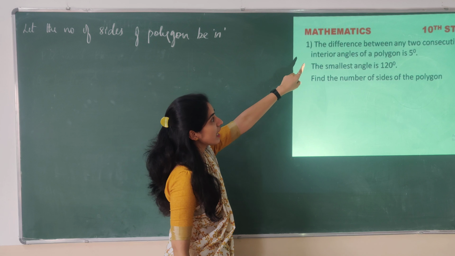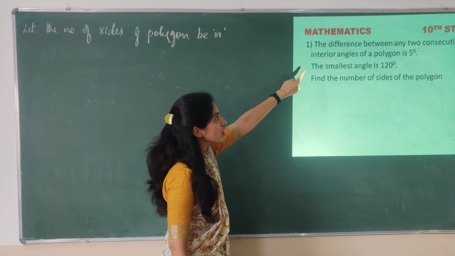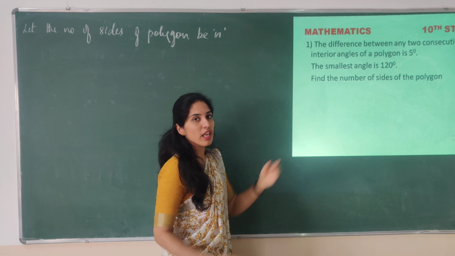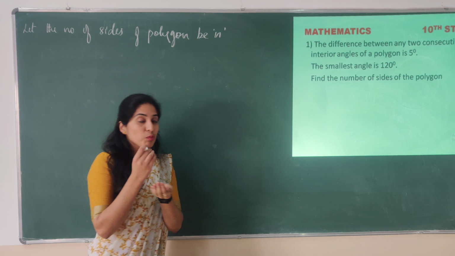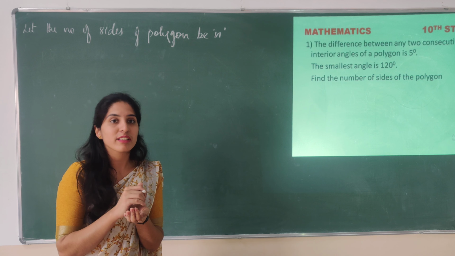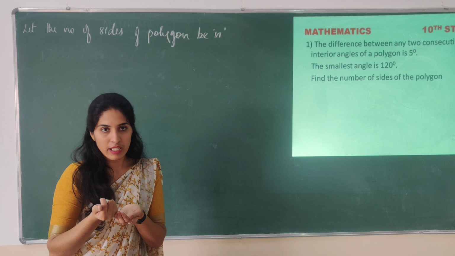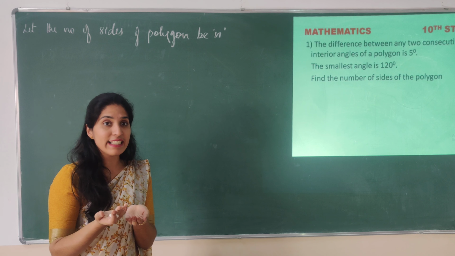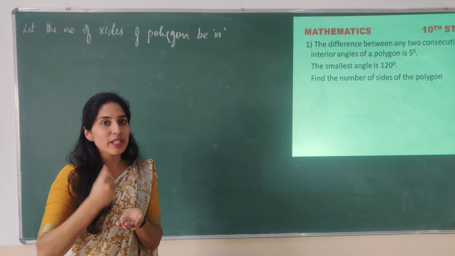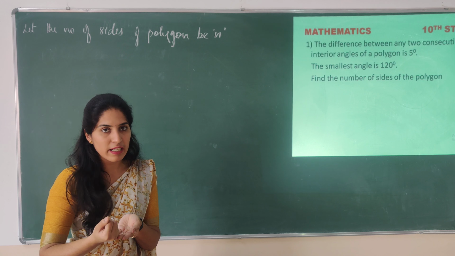They have given that the difference between any two consecutive interior angles of a polygon is 5 degree, which means the smallest angle is 120 degree, so the next angle will be 120 plus 5 degree. Is it right, children?